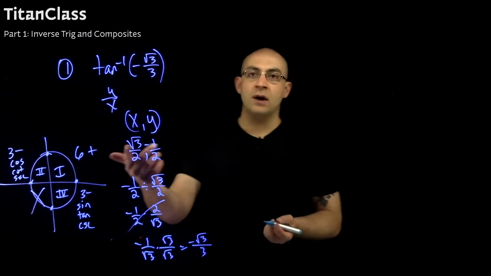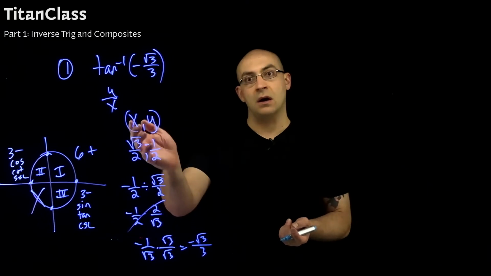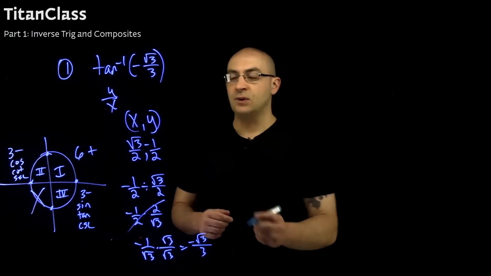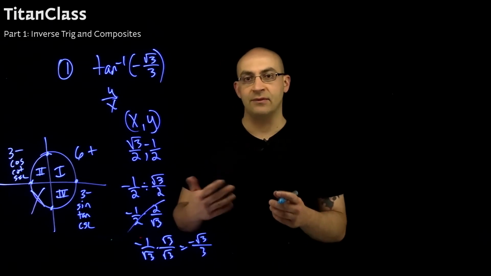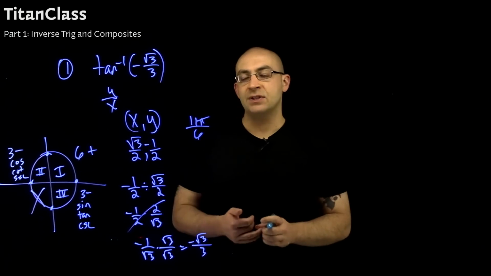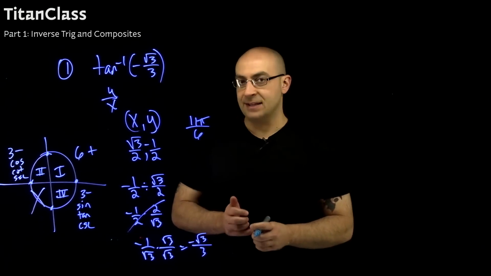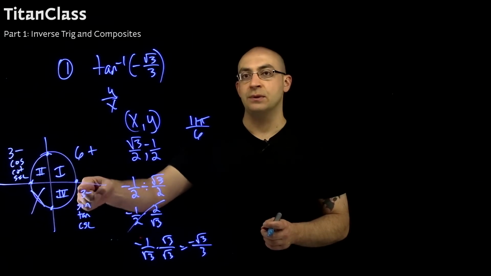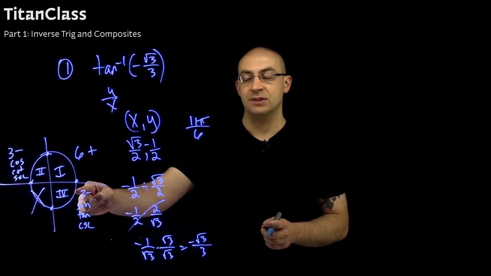So where is, in quadrant 4, our ordered pair of root 3 over 2 and negative 1/2? And if you're looking at your unit circle or you just have it from memory, it's going to be at 11 pi over 6. Now, 11 pi over 6 is not the answer, and the reason for that is because we can't go around the unit circle to get to that value at 11 pi over 6, right?